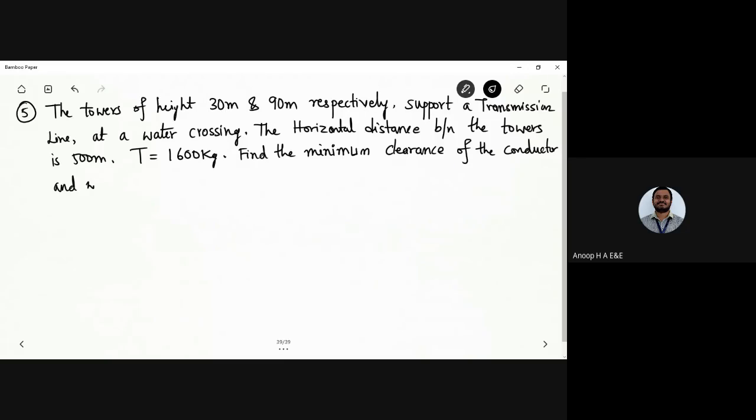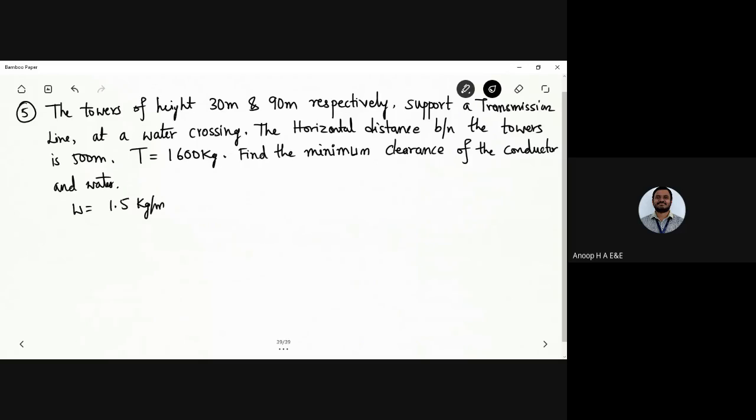You have to find the clearance of the conductor, just like what we have solved. The weight of the conductor is 1.5 kg per meter.